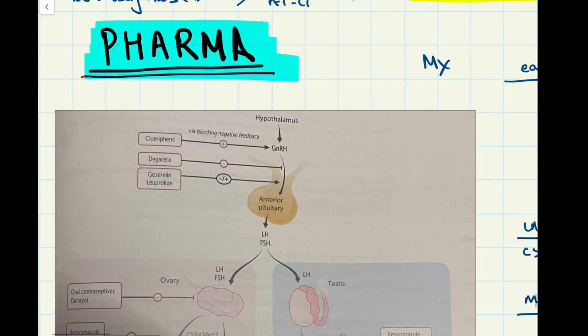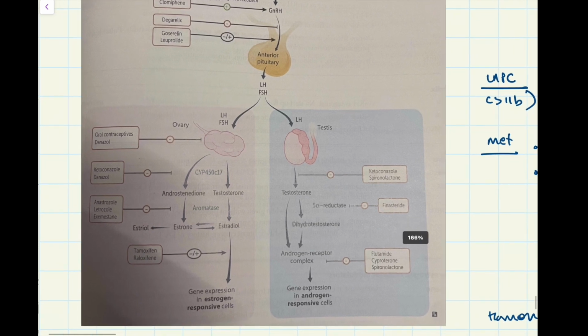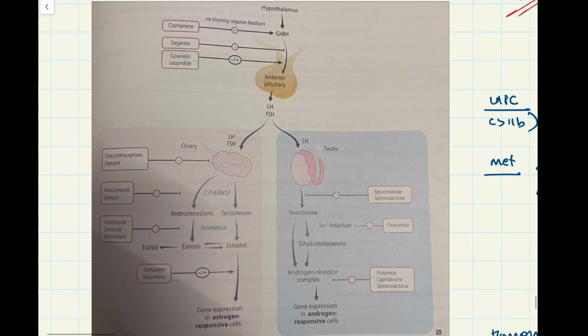now let us review the reproductive pharmacology. But before digging into the core pharma, let's revise the controller hormones once again, which we know by heart by this time, right? So first we have the hypothalamus. It leads to the secretion of GnRH, right?